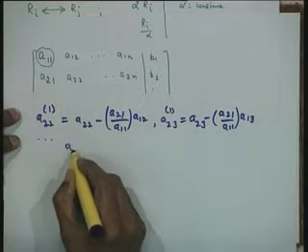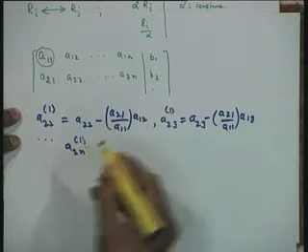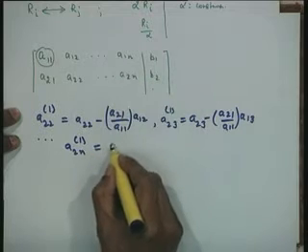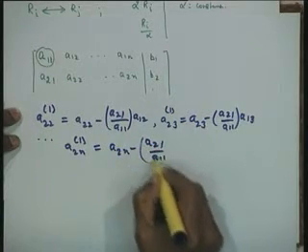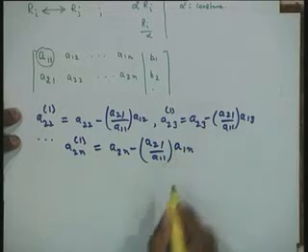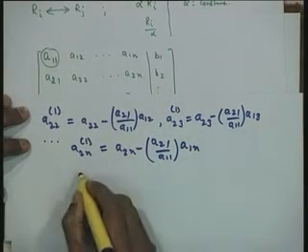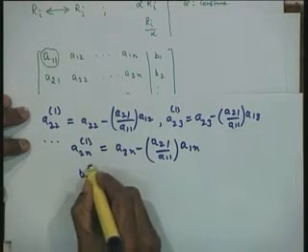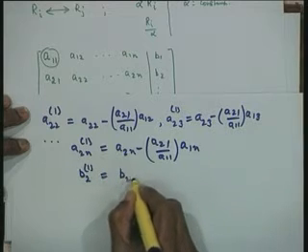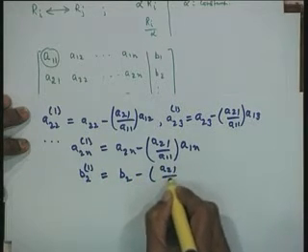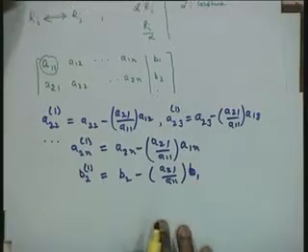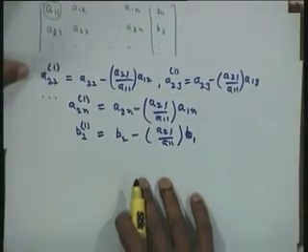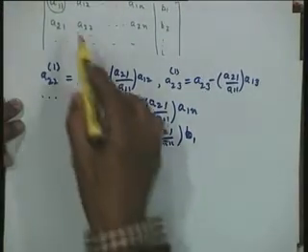We will have A2n, that is this element will be A2n minus A21 upon A11 into A1n, and B2, the right hand side, also gets changed as B2 minus A21 upon A11 into B1. Now all these elements are changed.